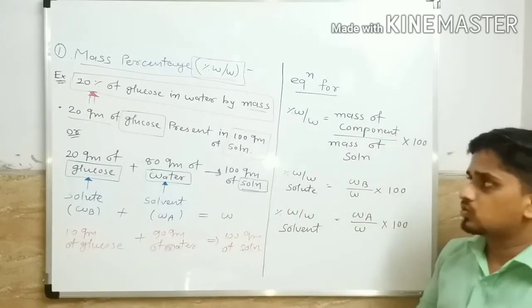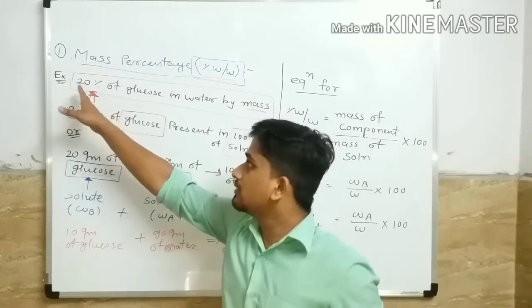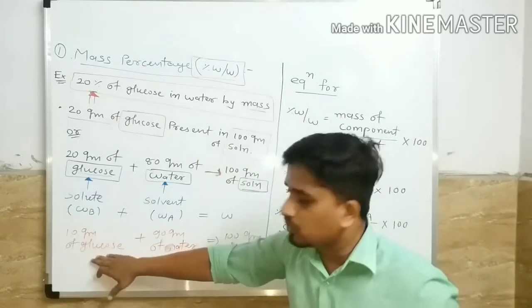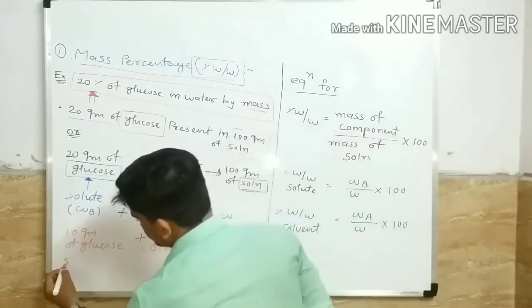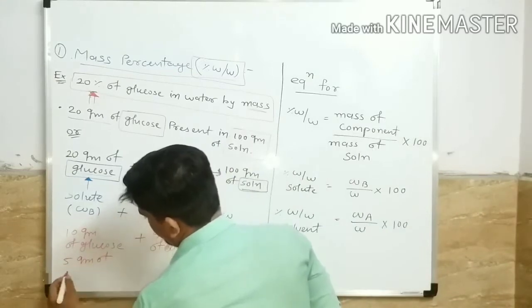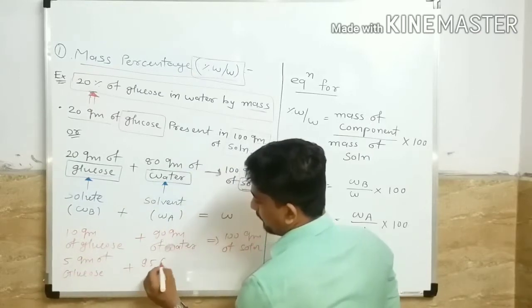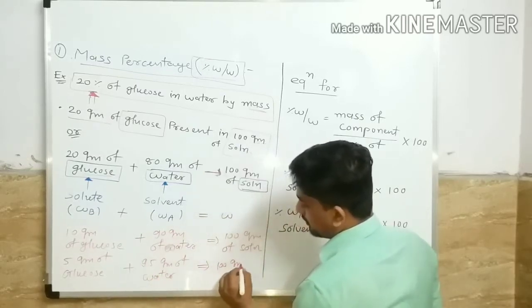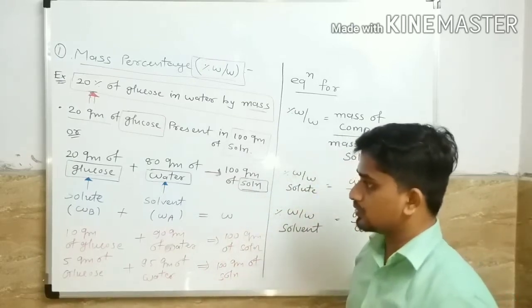If instead of 20 there is 5, then 5% of glucose in water by mass means 5 gram of glucose dissolved in 95 gram of water, and it gives 100 gram of solution.